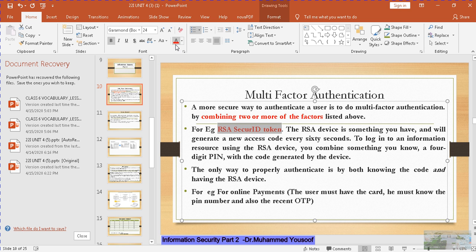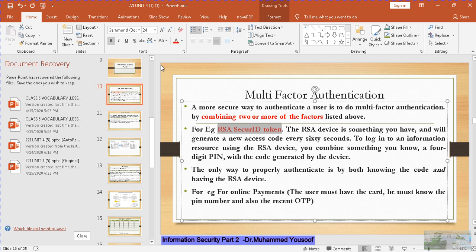When you enter that number, it is matched against the number generated by the RSA secure ID device. If there is a match, then the system will give you access to the account, or to transfer money, anything like this. So this is called multi-factor authentication.